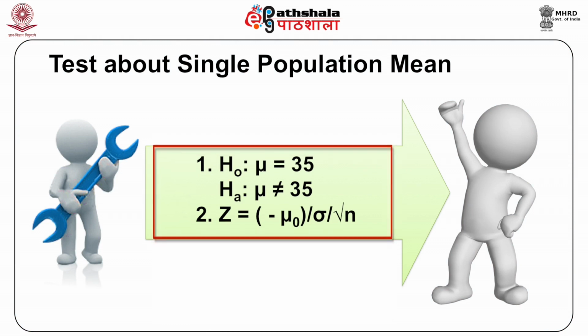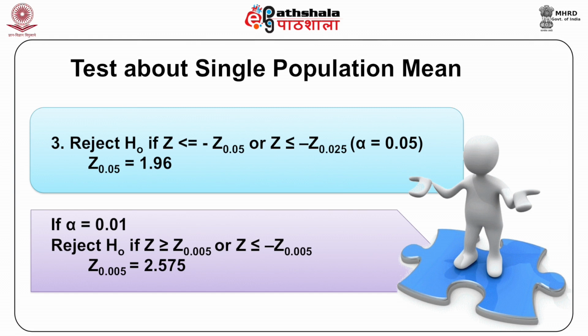Second, Z is equal to (x bar minus mu0) divided by (sigma by root n). Third, reject H0 if Z is greater than or equal to Z 0.025, or minus Z 0.025 is greater than or equal to Z, where alpha is equal to 0.05.